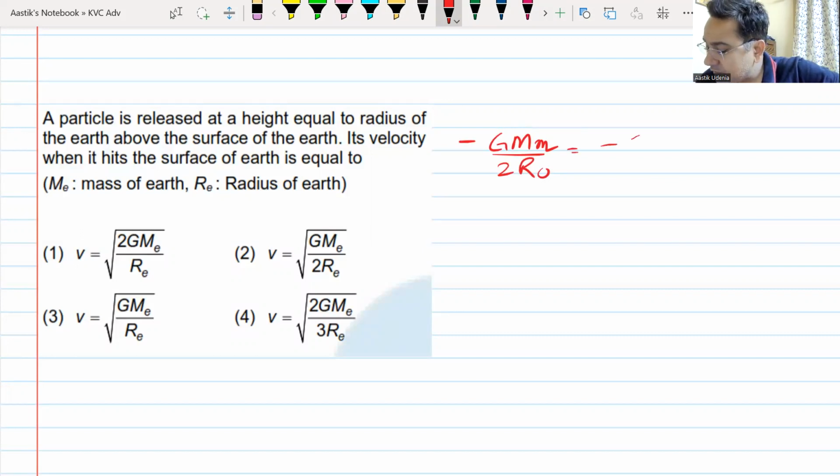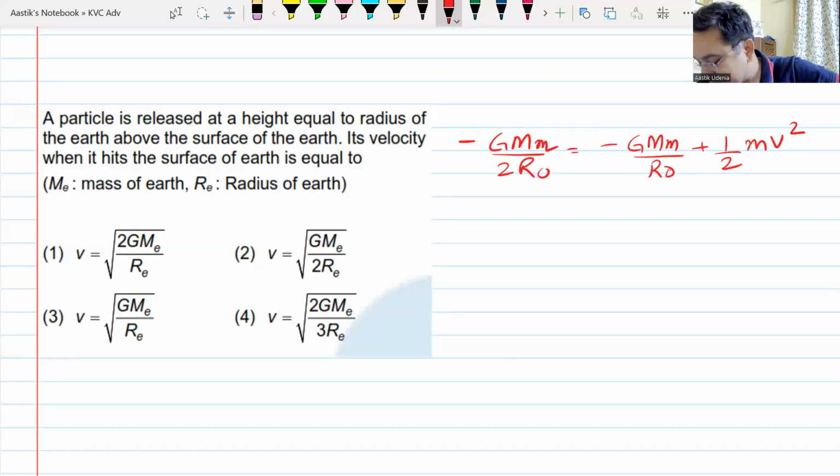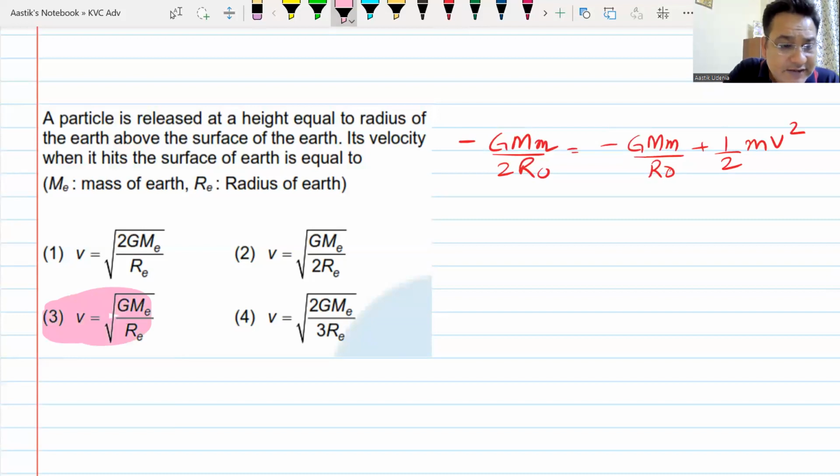When it falls on the surface of Earth, the potential energy is minus GMm by r naught plus the kinetic energy is half mv square, yes or no? Yes, sir. From here, if you solve it, the answer that you are going to get is option 3, and that is the answer that we are looking at.